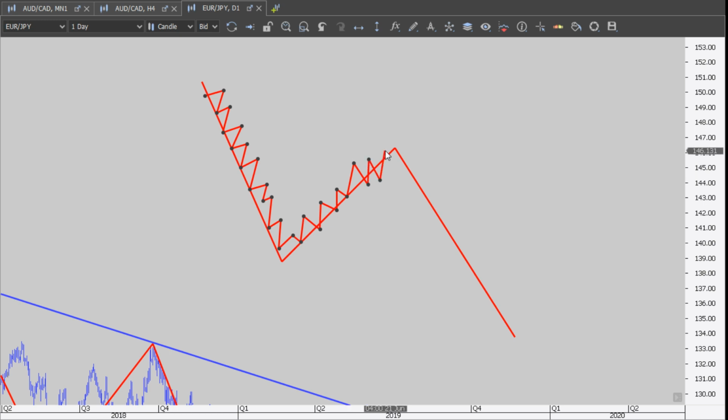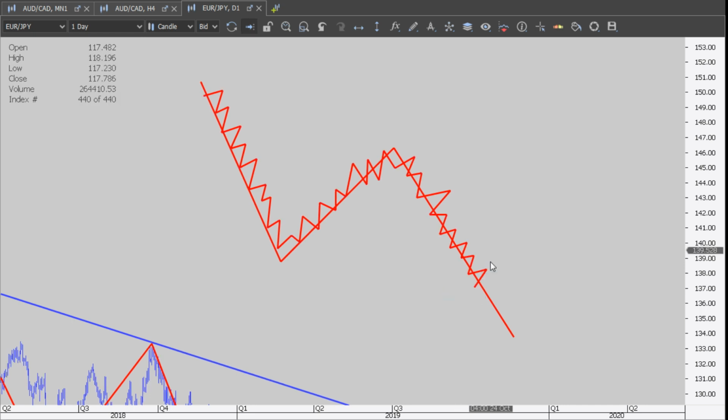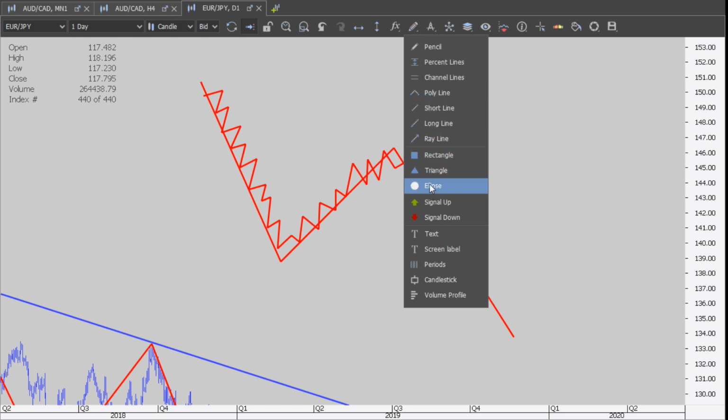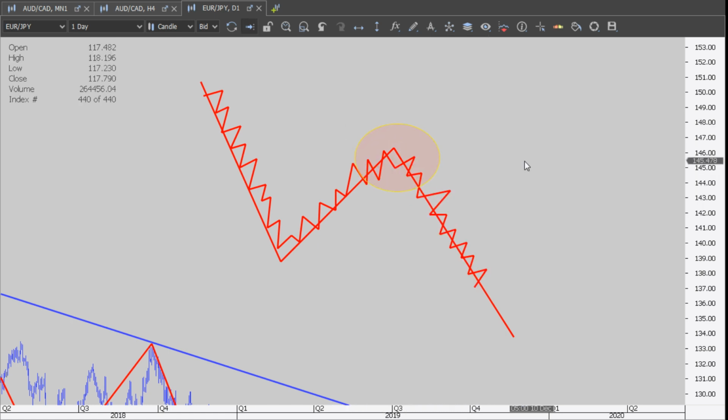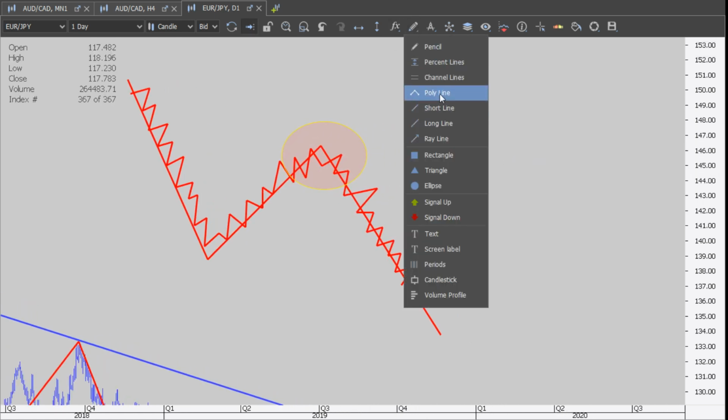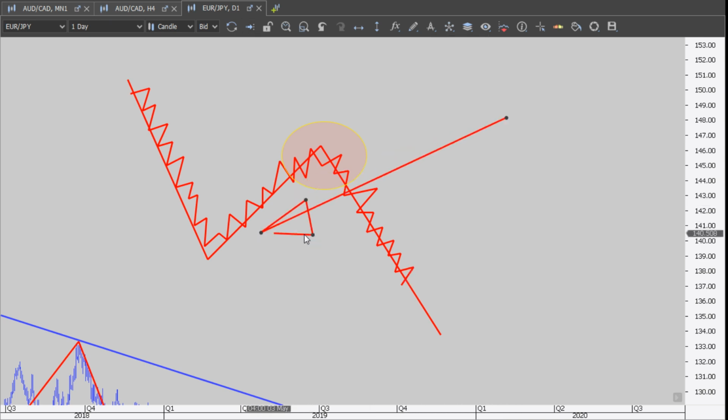You are going to see always this. Sometimes the retracements are going to be a little bit wider, okay, but you are going to see when the retracement is over, when and where in a downtrend the market is going to change.